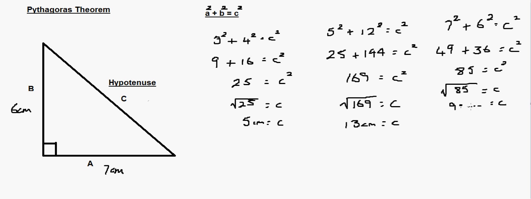And usually here, this is where they will ask you what is your answer to so many decimal places or so many significant figures. Okay, so what I'm going to do now is I'm just going to pause the recording and we'll look at finding a side that isn't the hypotenuse.